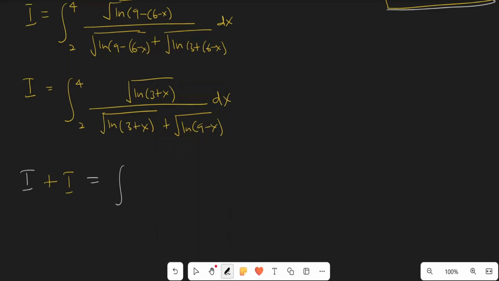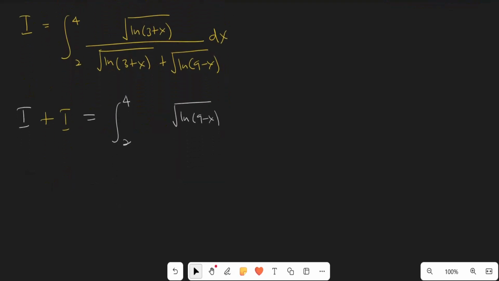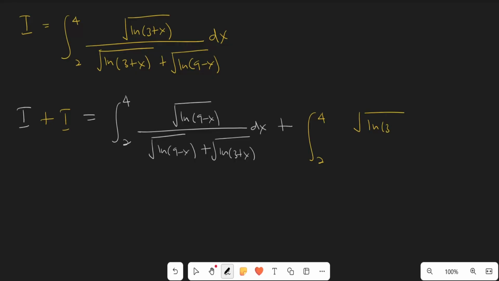That is equal to the integral from 2 to 4 of the original integral, the square root of the ln of 9 minus x divided by the square root of ln of 9 minus x plus the square root of ln of 3 plus x dx, plus the one transformed by the King's property, which is the integral from 2 to 4 of the square root of ln of 3 plus x divided by the square root of ln of 3 plus x plus the square root of the ln of 9 minus x dx.